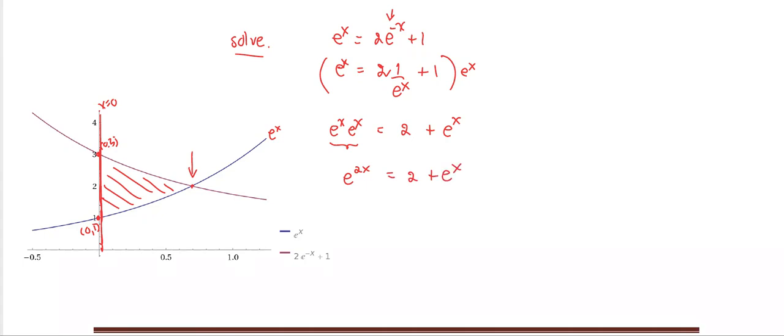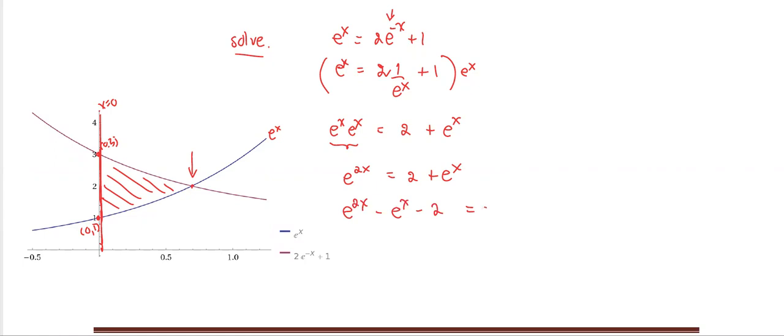Now, it doesn't look pretty, right? But it can be done by treating it similarly to the way you treat a quadratic equation. So we move all terms to one side and see how we can manage after that.